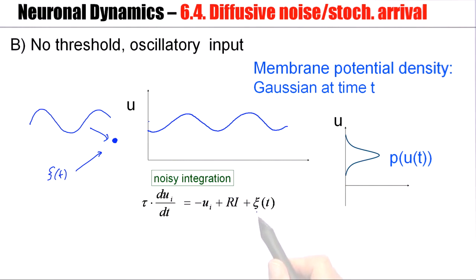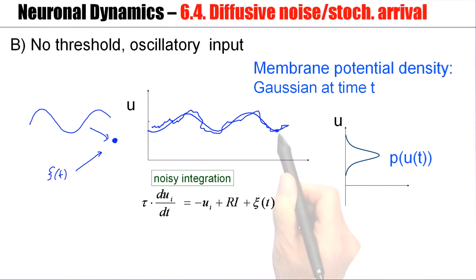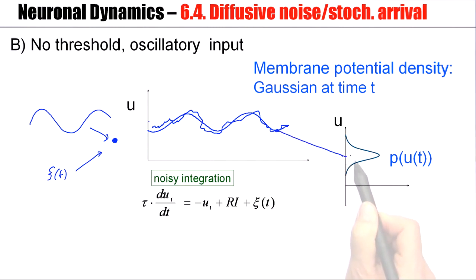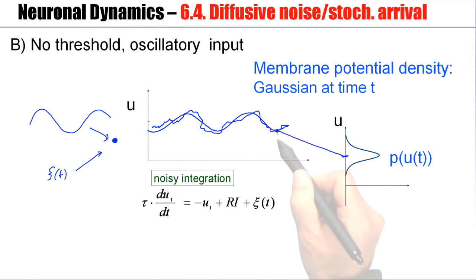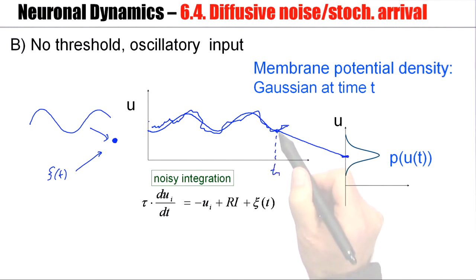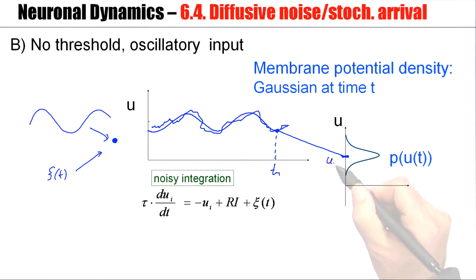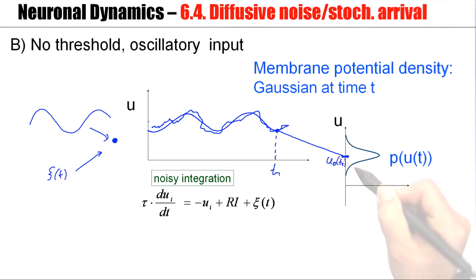Actual trajectories stay in the neighborhood of this reference trajectory. If I evaluate the distribution of membrane potentials at some point here, I will get some distribution. Let's call this T1. Then this is centered around the mean trajectory, around the deterministic trajectory, u of T1.